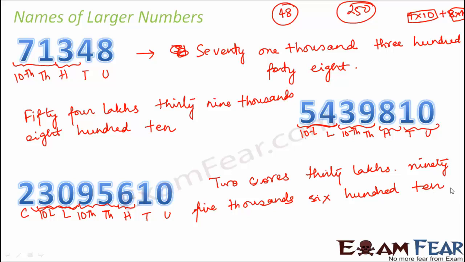So this would be 2 crores 30 lakhs 95,610. So now I hope you understand how we name bigger numbers. Whenever you have a large number, first of all find the position of each of the digits. Once you know the position, it becomes very easy to write their names.